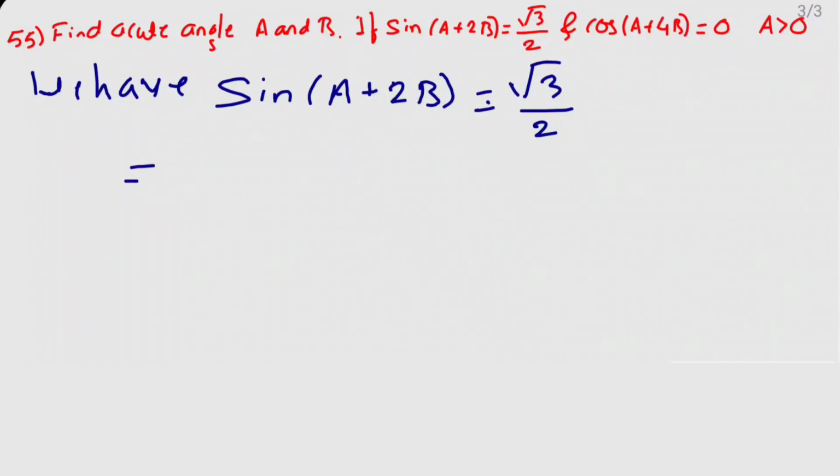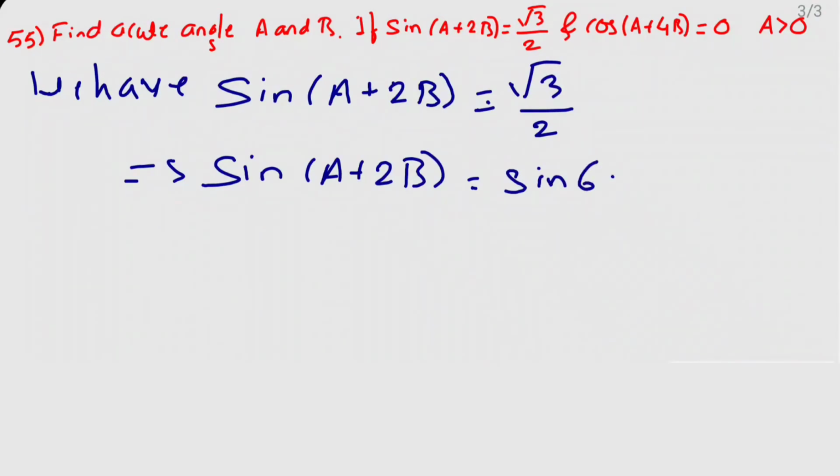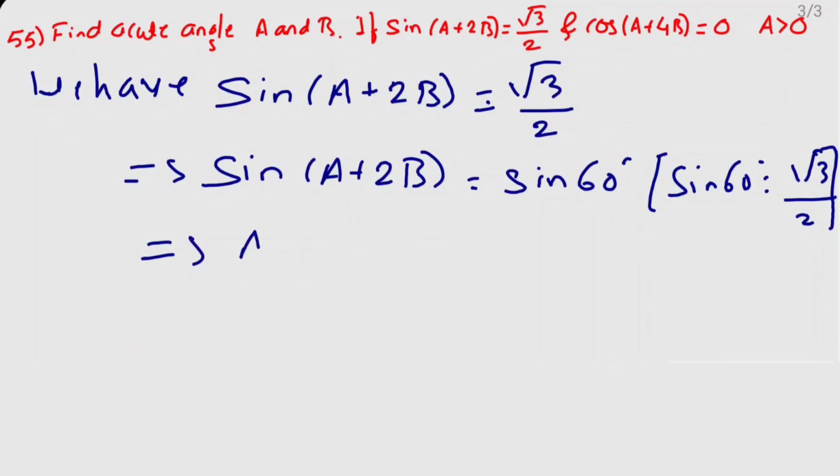So this one we can write sin(A plus 2B) equals sin 60, because sin 60 value is root 3 by 2, right? And now this implies A plus 2B is equal to 60. Call this equation 1.